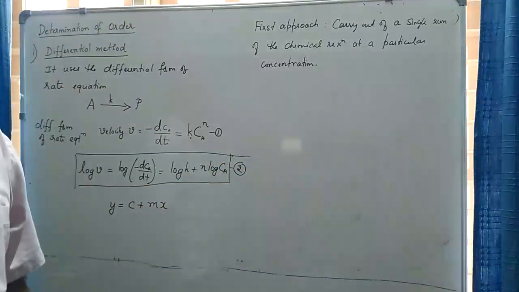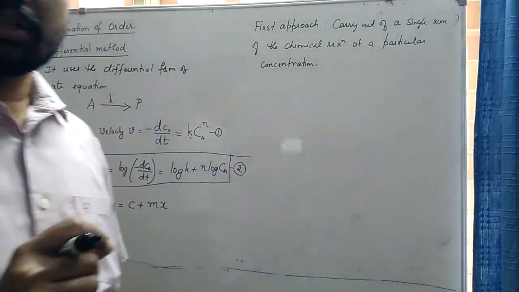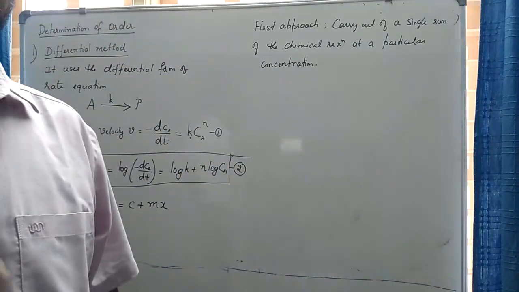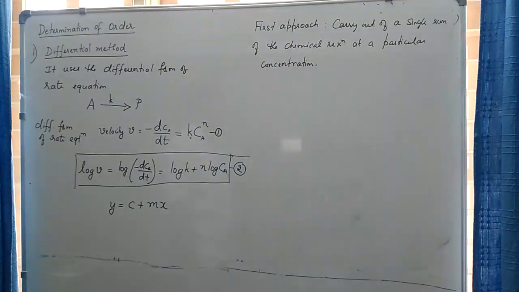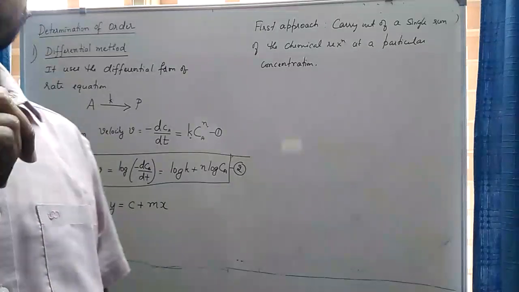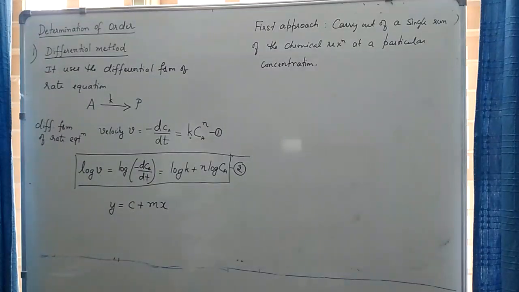So we are carrying out a chemical reaction of which we are interested in determining the order at one particular concentration. It is called a single run because we are carrying out the reaction only at one particular concentration of the reactant.